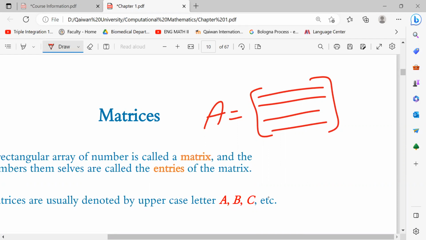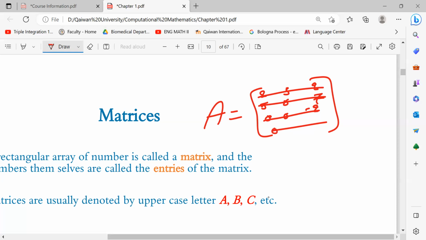The rows are these horizontal lines. If you have numbers here, let's say 2, 3, 2, this is a row. And if you have 5, 6, 7, it's another row. And it could be 0, 0, 0, -2. It could be negative, it could be positive, it could be 0.